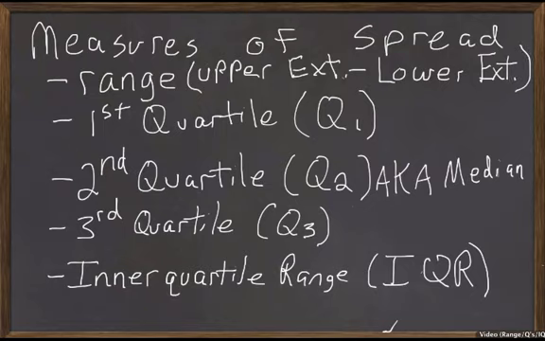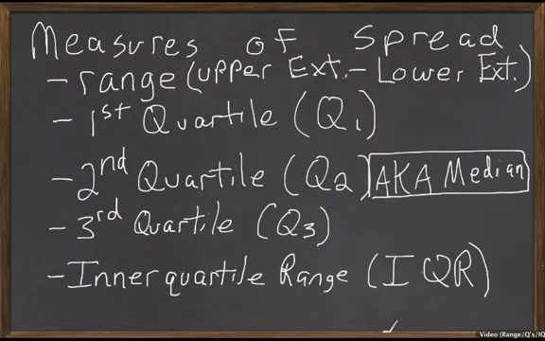And that's it. The first quartile is the median of the lower half of the data. All these quartiles are medians. The second quartile is just the true median, the one that Miss Allen talked to you about in the previous lesson.